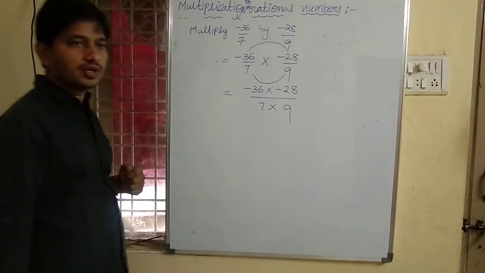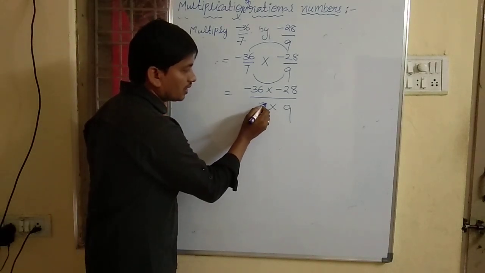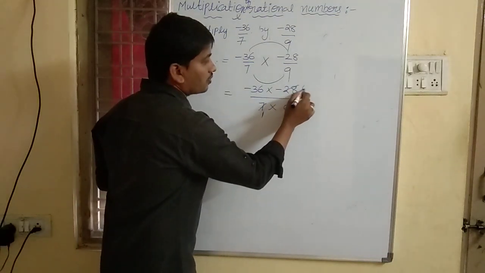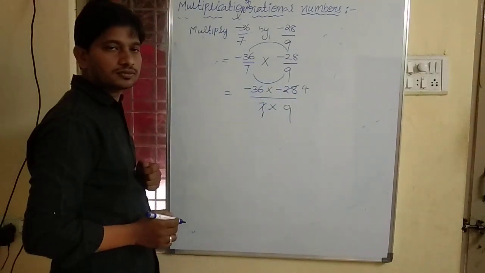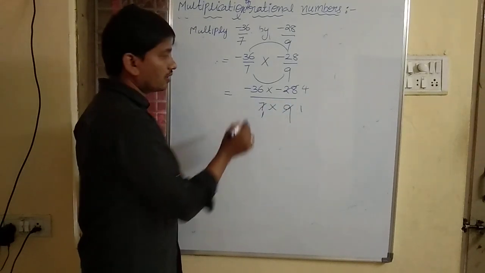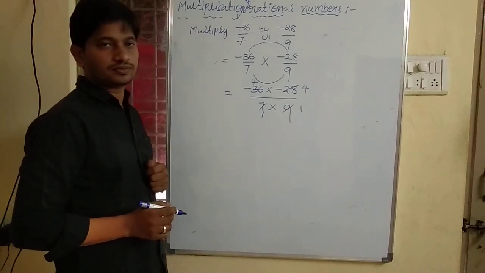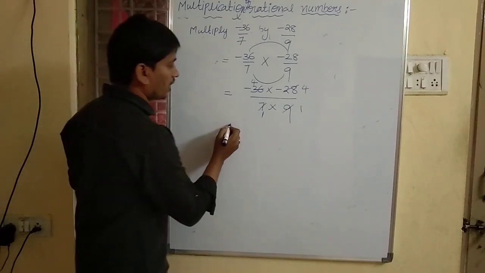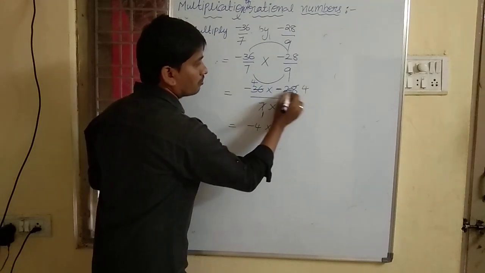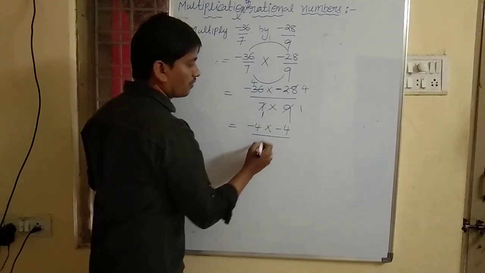Listen here students carefully. We can cancel here. Observe, in the 7 table 7 1s are 7, 7 4s are 28. Again in the 9 table 9 1s are 9, 9 4s are 36. We can simplify. So now we have minus 4 into minus 4 divided by 1 into 1.